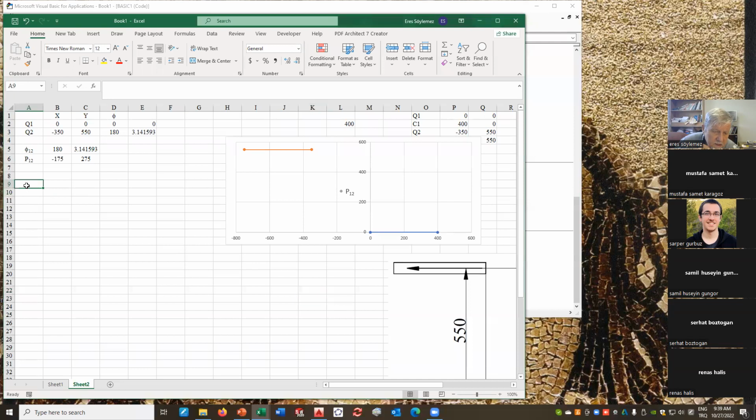Then I'll select A1. Looking at this figure, I will select A1 as, just for the hell of it, I can change it. I will be changing it 20 and minus 20.